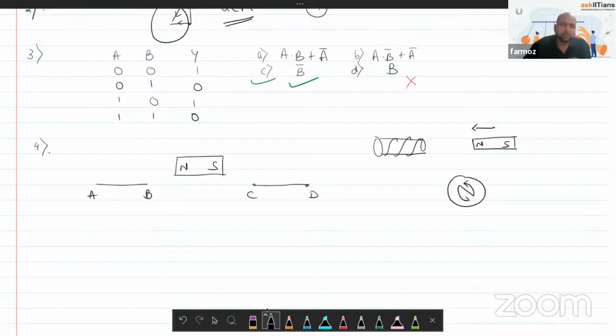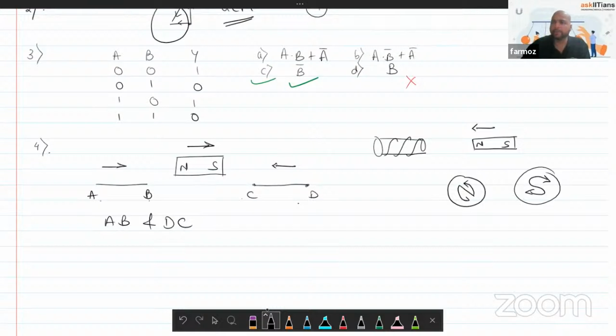If north is moving away, the direction will be clockwise. So for AB, the direction is clockwise. Similarly, the south is moving towards that. On that basis, for the directions in AB and CD, it would be AB and DC. This would be the flow of current. Clear? Okay, simple.